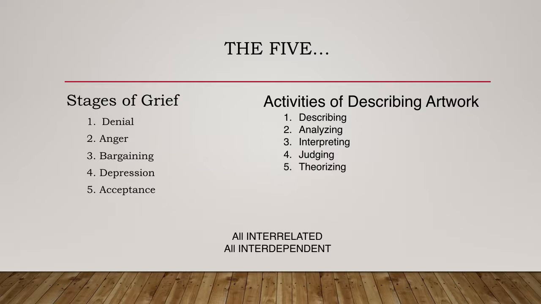In order to note the validity of this argument, the presenter will consistently engage in 5 activities relevant to interpretation: describing, analyzing, interpreting, judging, and theorizing. It is important to remember, all activities of describing artwork are much like the 5 stages of grief in that they are all interrelated, yet all interdependent.